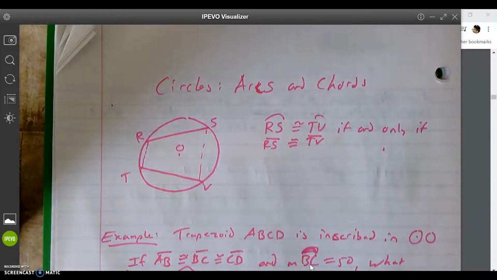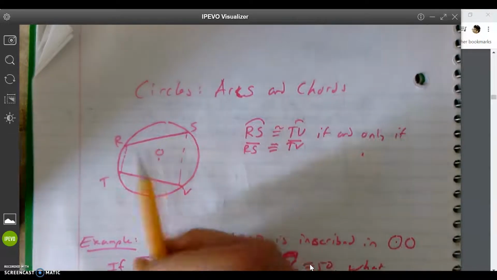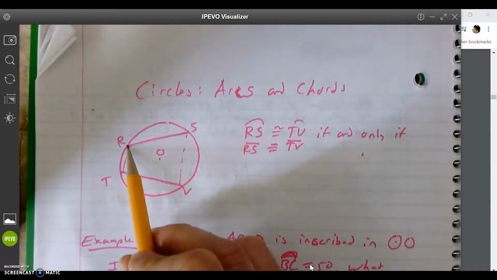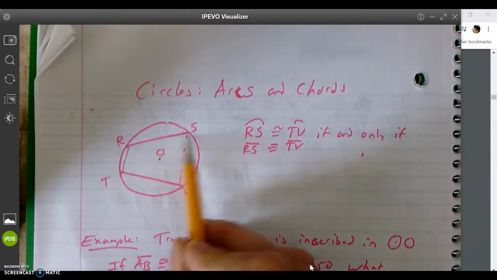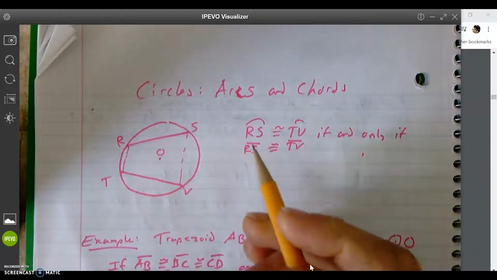So here you go. This is a chord. A chord is a line that goes through the circle but not through the center, like this. If it goes through the center, that's called a diameter.